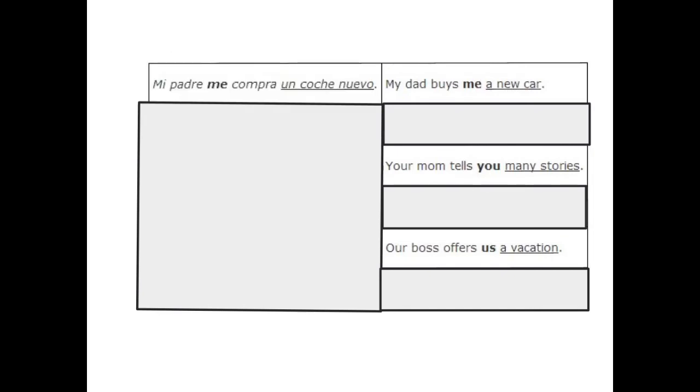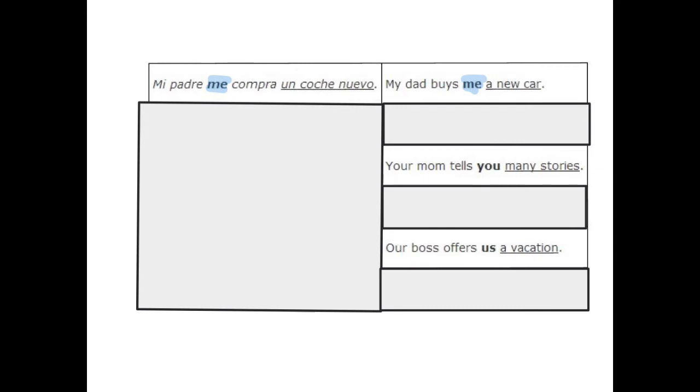Okay, so here's the answer for the first one. And it's mi padre me compra un coche nuevo. So the my dad buys is mi padre compra. And then the indirect object pronoun is the me, which stands for he buys me a new car.